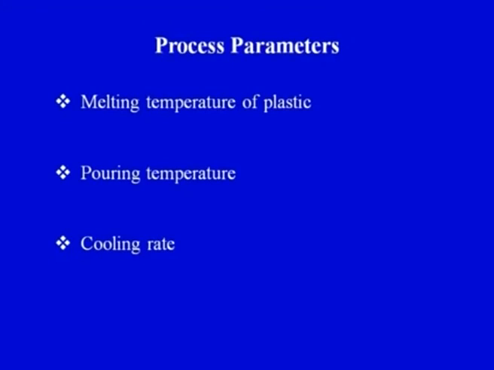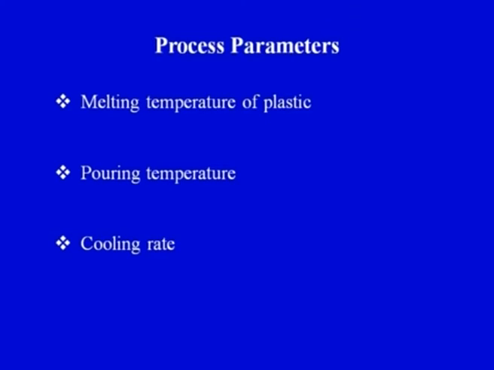Now, what are the important process parameters that have to be taken into account? That is the melting temperature of the plastic that has to be taken into account when we are selecting a particular plastic for a particular application. We should take into account at what temperature this particular plastic is going to melt. That is one important point to be taken care of.